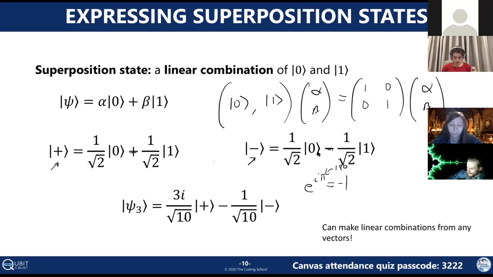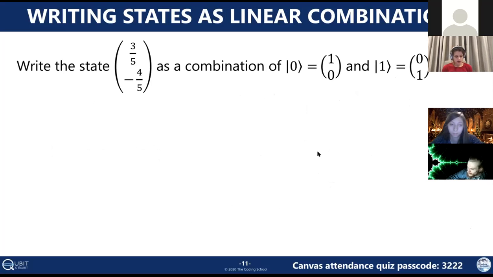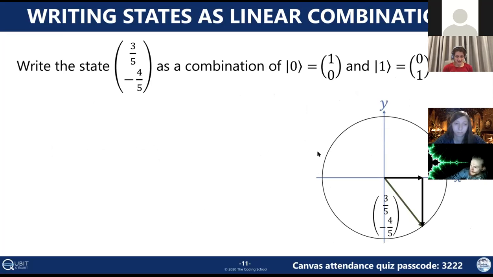So cool. Now we can write a state as a linear combination of these two states. I guess I could have let you write it out, but it's pretty straightforward. We can write it as a vector, and we can treat our 0 and 1 as being in the x and y direction.